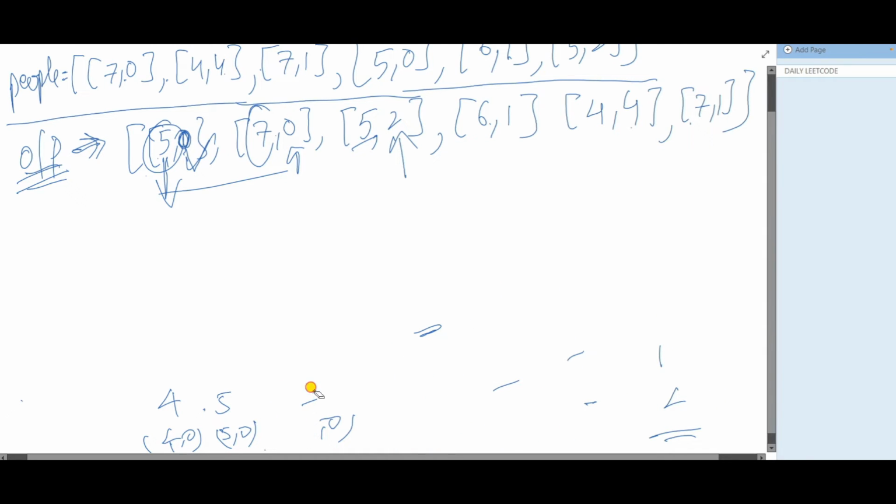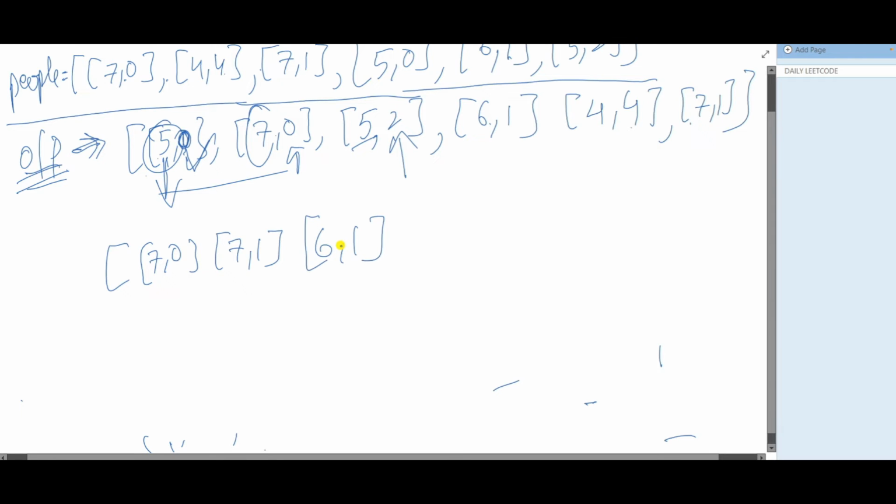Let me just tell you what happens once I do this. Once I sort this by descending order of height, you would get 7 comma 0, then 7 comma 1, and then 6 comma 1, and then a 5 comma 0, then a 5 comma 2, and then a 4 comma 4.